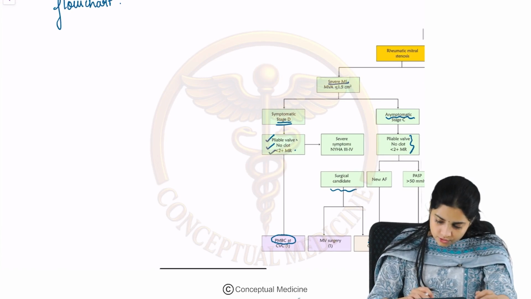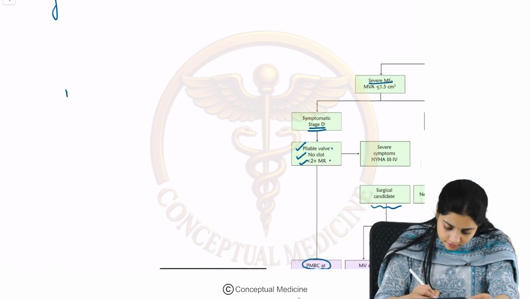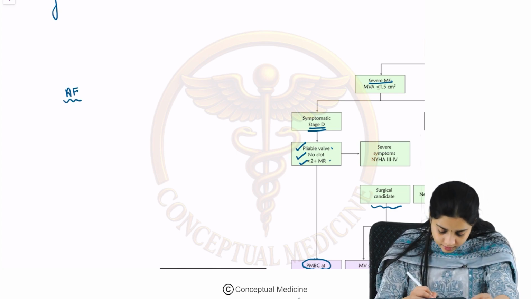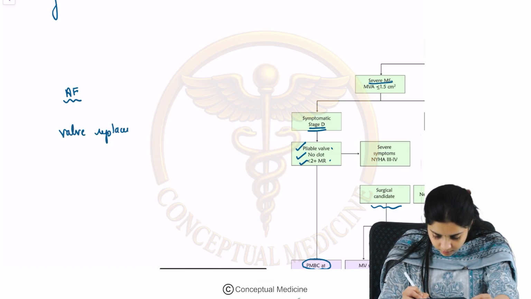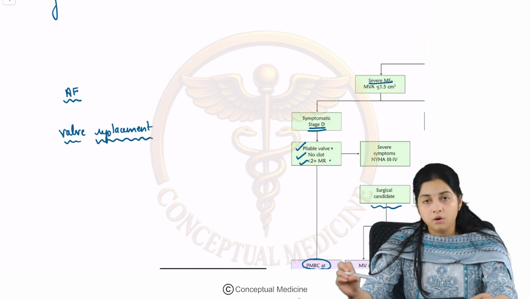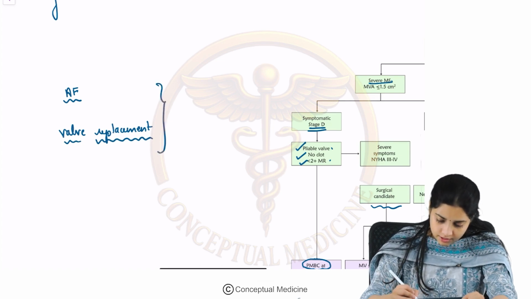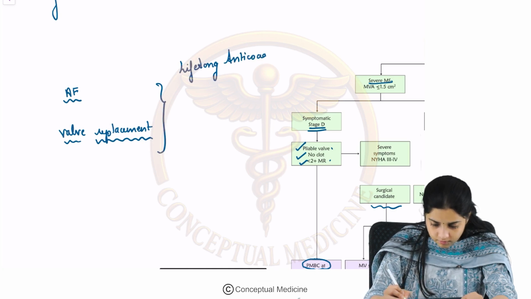Let us also just look at certain other aspects that you have to consider if there is atrial fibrillation or if there is a valve replacement. So if your mitral stenosis has atrial fibrillation or if the patient has a valve replacement, then the patient has to be on lifelong anticoagulants. Why?